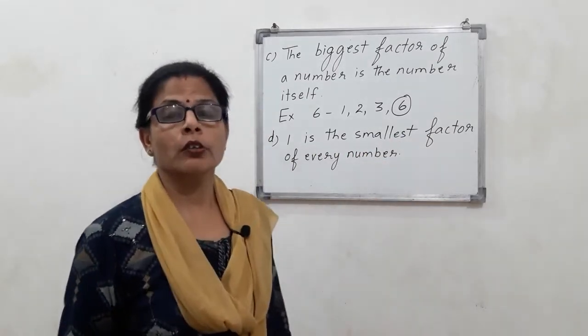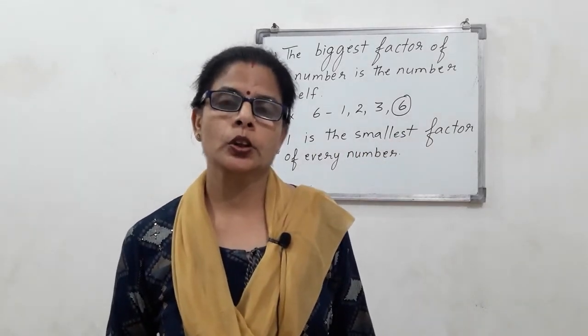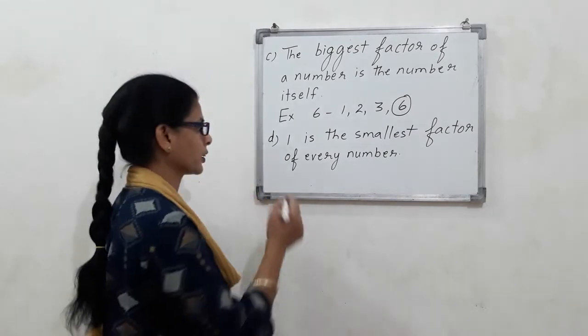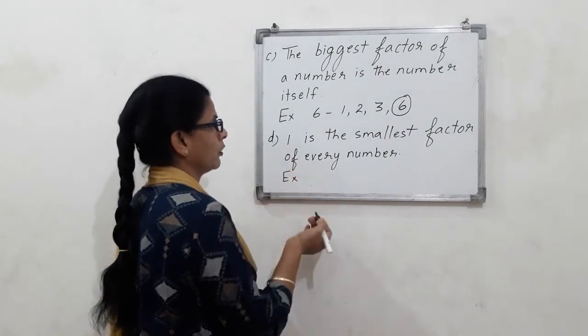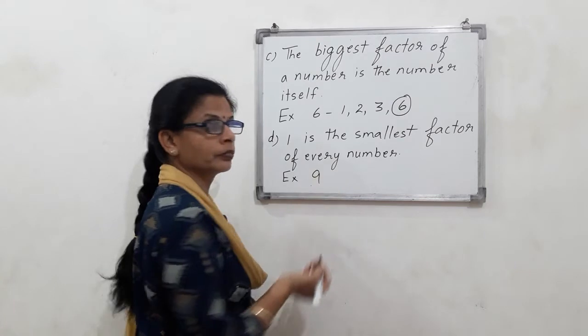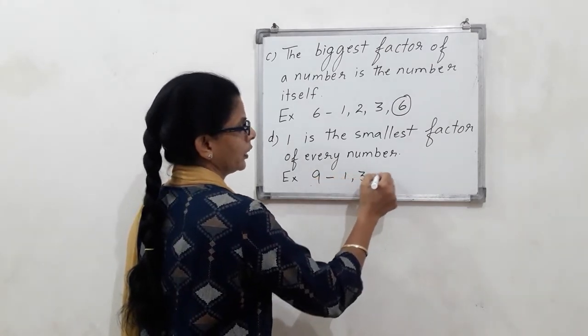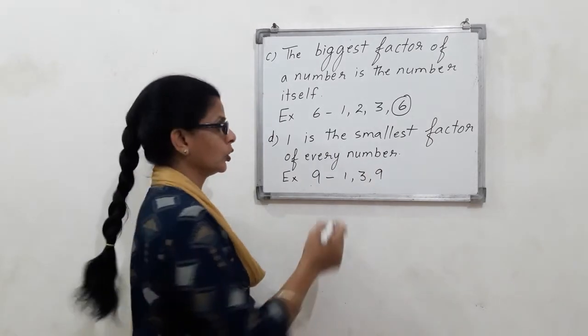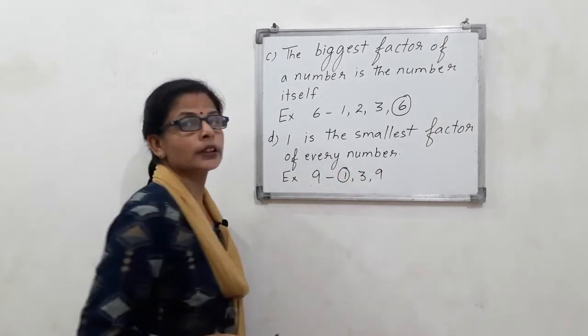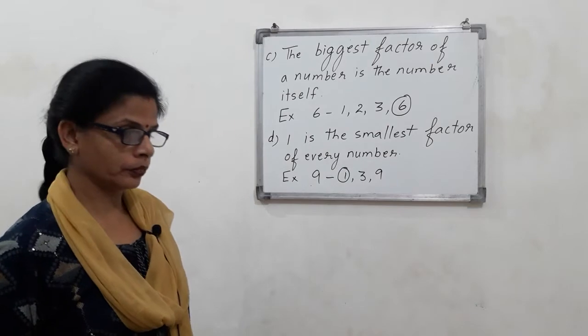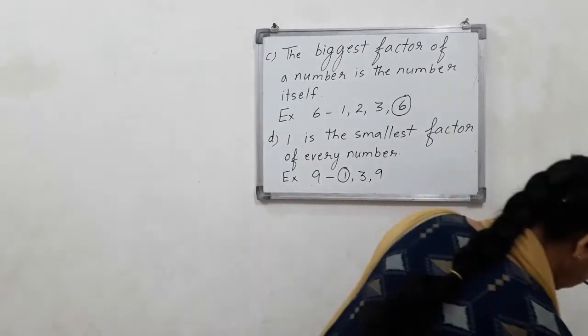Because in one table every number comes. So 1 is the smallest factor. For example, if we write 9, what are the factors of 9? 1, 3 and 9, right? So what is the smallest factor? 1 is the smallest factor. Clear?